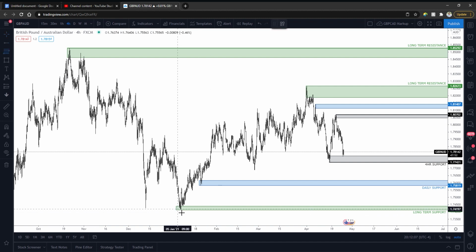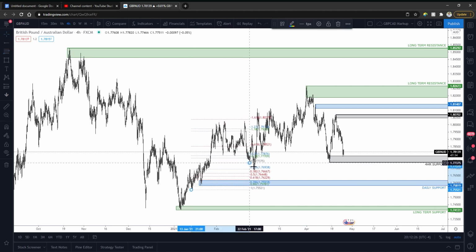This is on a smaller, say blue, that was hit. Let me reset this. That was hit, extension was hit. Okay.